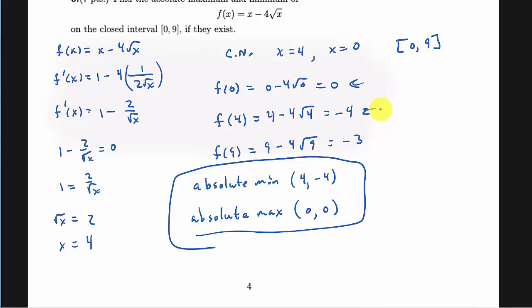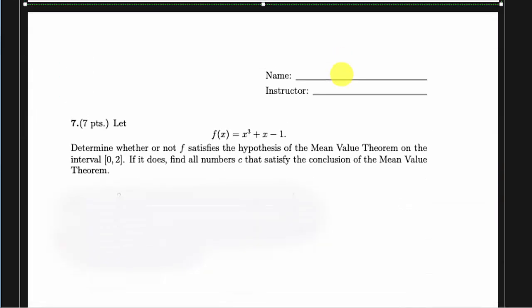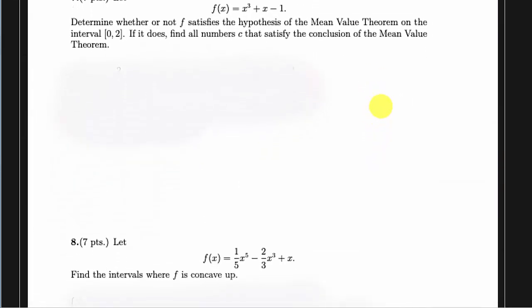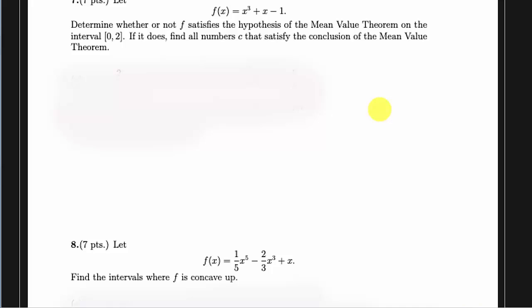All right, let's look at the next one. Determine whether or not f satisfies the hypothesis of the mean value theorem on the interval 0 to 2. If it does, find all numbers c that satisfy the conclusion of the mean value theorem. So we're looking on the interval 0 to 2.